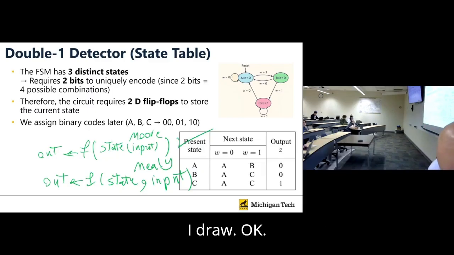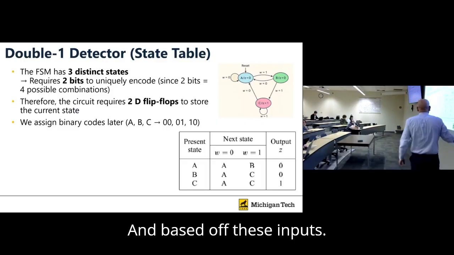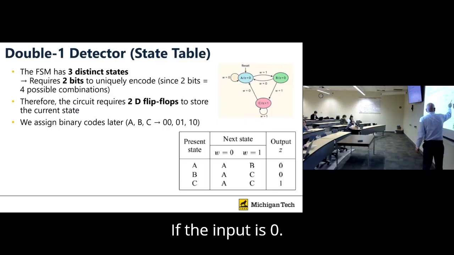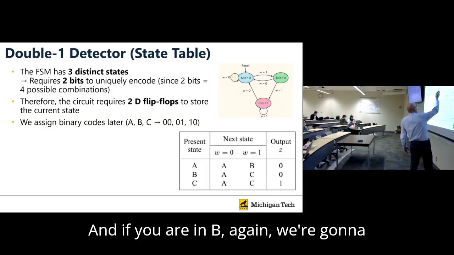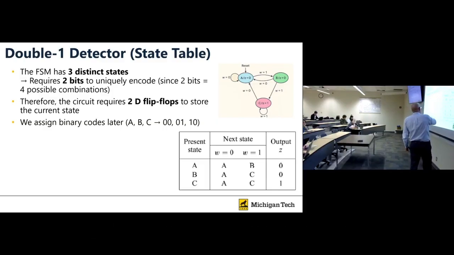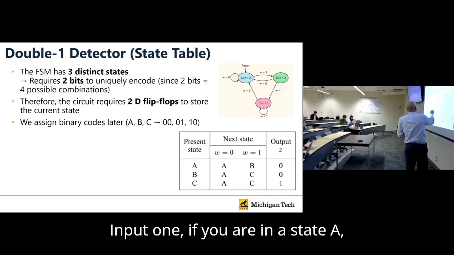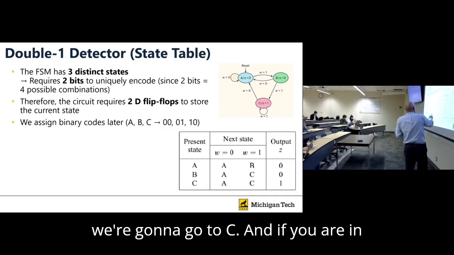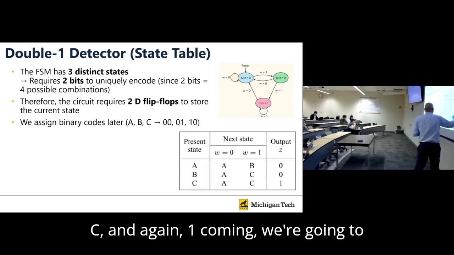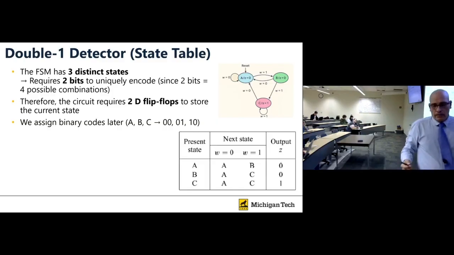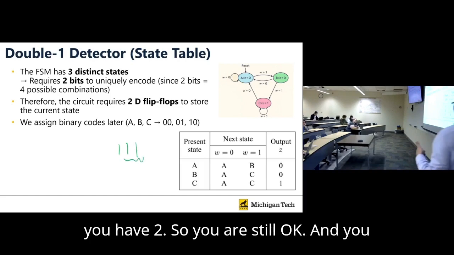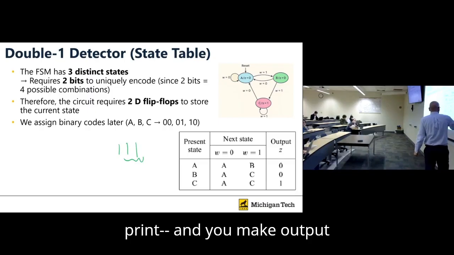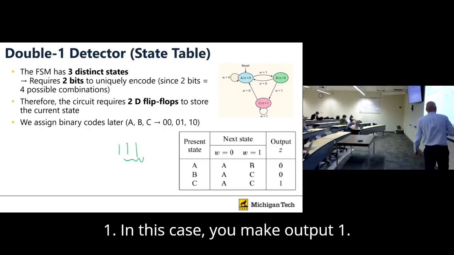Based off these inputs, if the input is 0, we're going to stay in A, and if we are in B, again we go to A, and even if we are in C, still we go to A. And if the input is 1 and you are in state A, we go to B. If you are in B, we go to C. And if you are in C and again 1 comes, we stay in state C. Because it doesn't matter: 2 ones are already there, another 1 comes, still you have 2, so you are still okay. And you make the output 1.